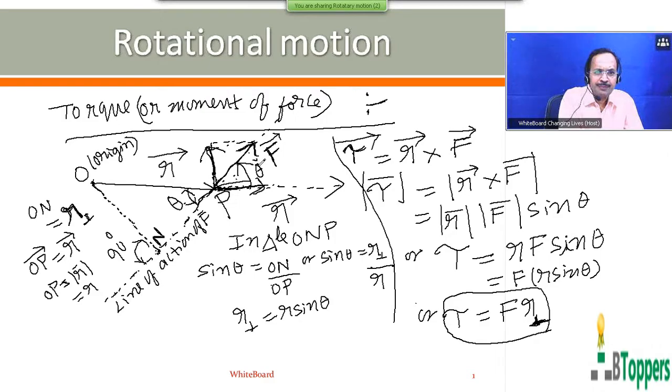That means you can construct a rectangle with adjacent sides of the rectangle parallel to and perpendicular to R bar, so that the force F bar acts along the diagonal of the rectangle. That means you can resolve F bar into rectangular components in the directions parallel to and perpendicular to R bar.